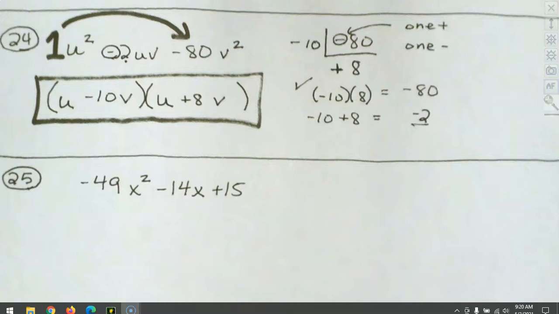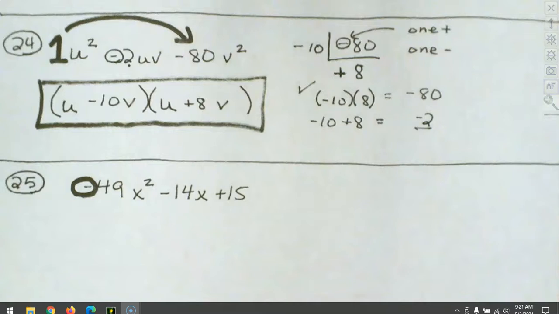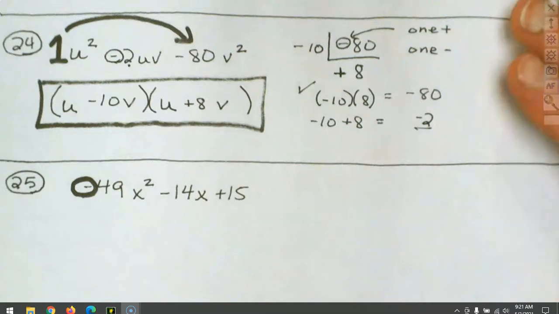When I see a question like this one, the first thing I look at is all the numbers. 49, 14, and 15. Nothing's in common. But what do we have out in front? We have a negative. Whenever there's a negative out in front, you need to factor it out.